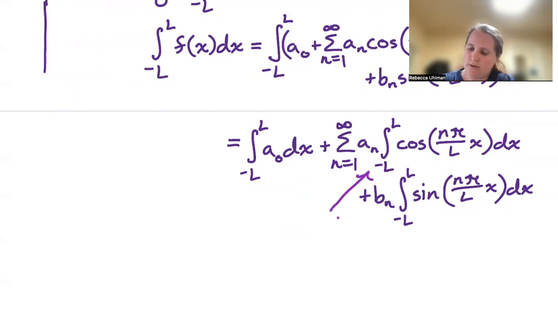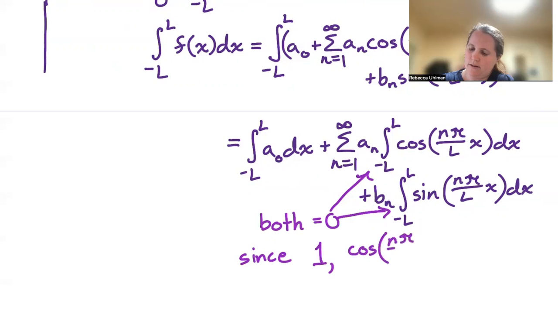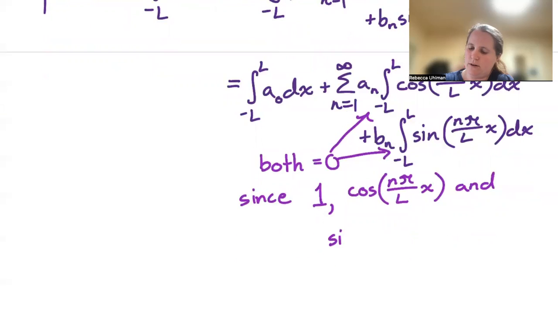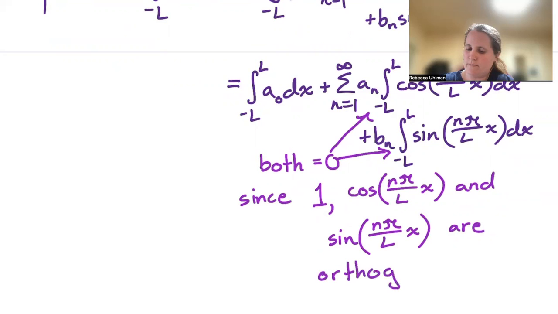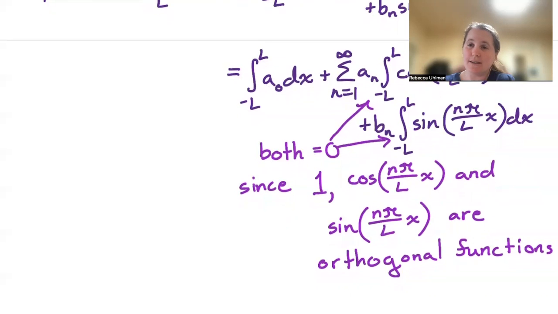So these integrals are both 0 since 1, cosine n pi over L x and sine of n pi over L x are orthogonal functions. So there's a reason that we did all of that work in the previous video. We are using this orthogonality to show that these coefficients make sense.